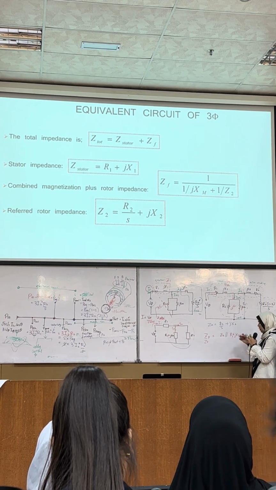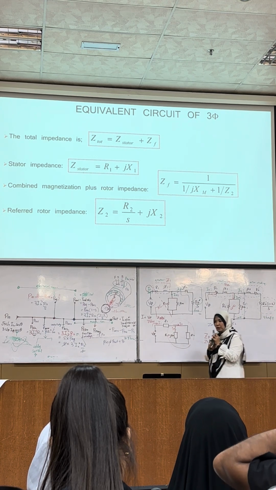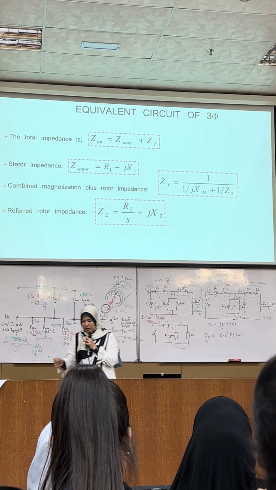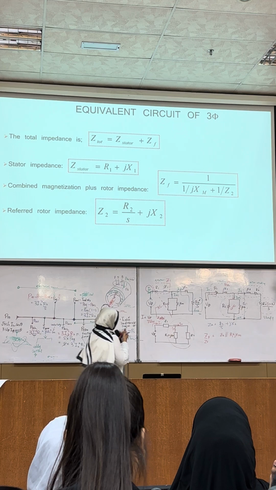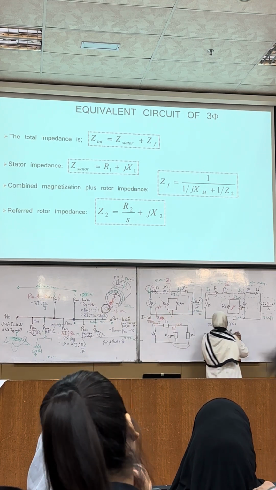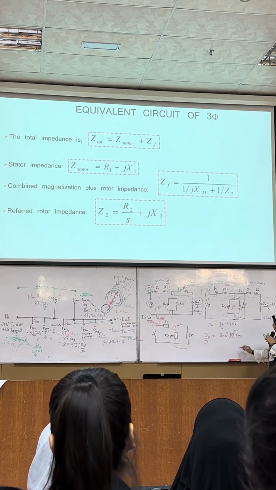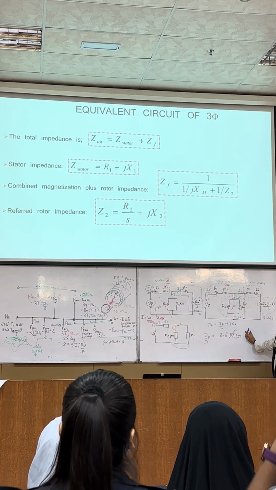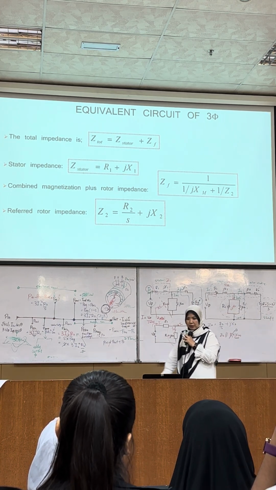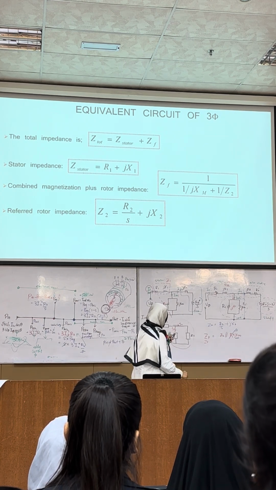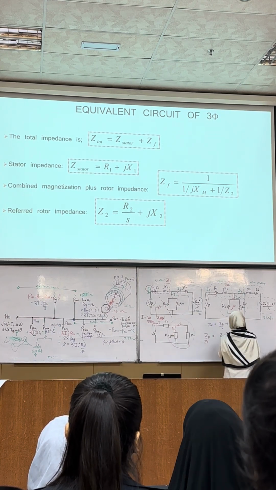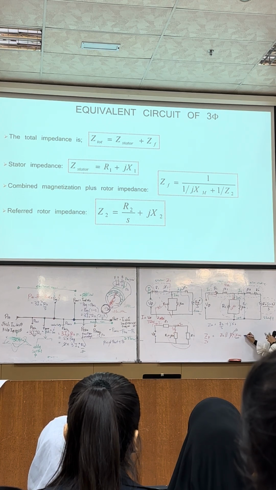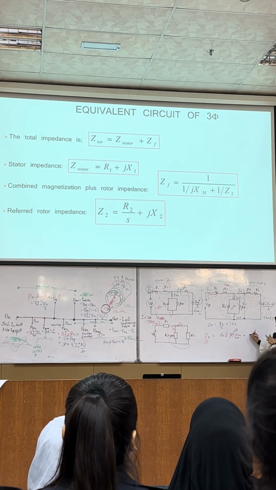However, the value of RC is much smaller so it can be ignored. So we take RC as 0. The one that is left in the equation is just jXM. So this parallel equation ni jadi macam mana?